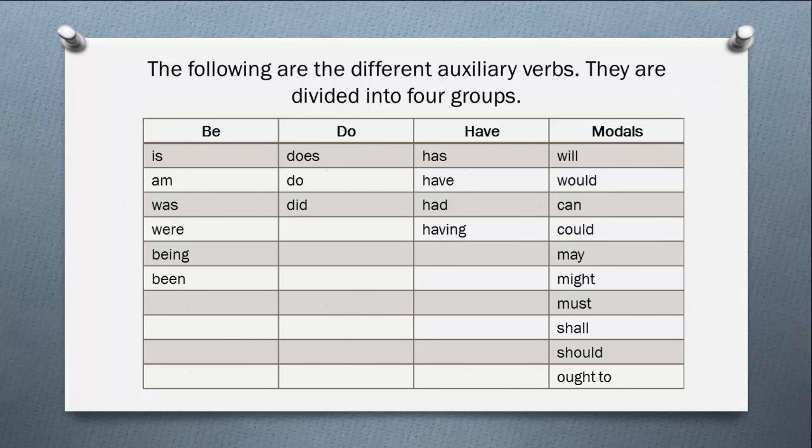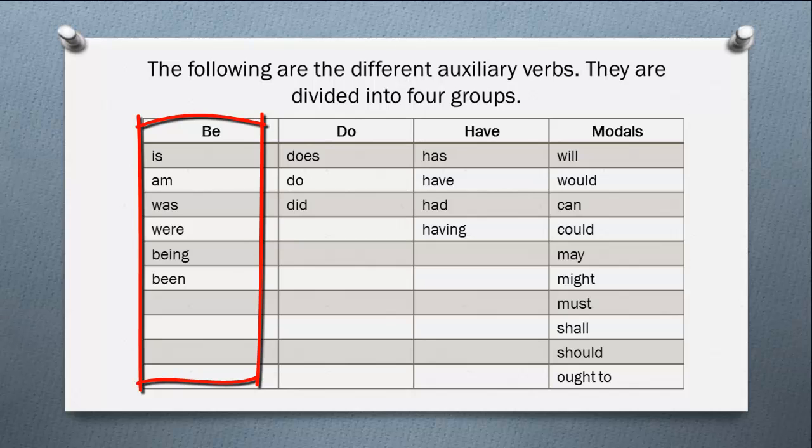The following are the different auxiliary verbs. They are divided into 4 groups: the be verbs, do verbs, have verbs, and the modals or the modal verbs. For the be verbs, we have is, am, was, were, being, and been.